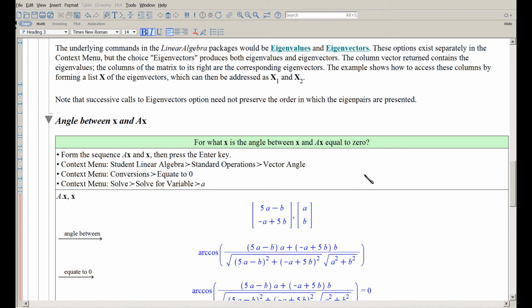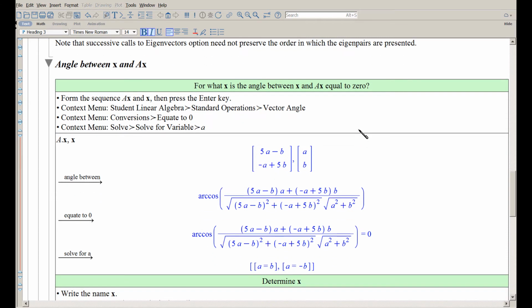Okay, so for a 2 by 2, one could get at these computations and this idea by saying Ax and x should have an angle of 0, or it could be 180, could have an angle of 0 between them. So here I've put Ax and x.